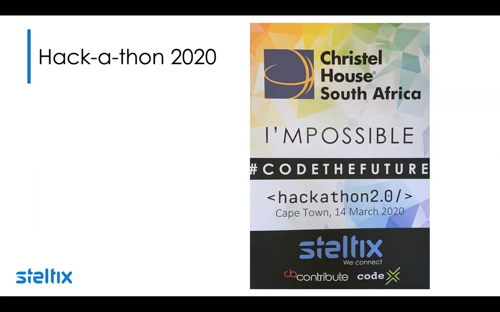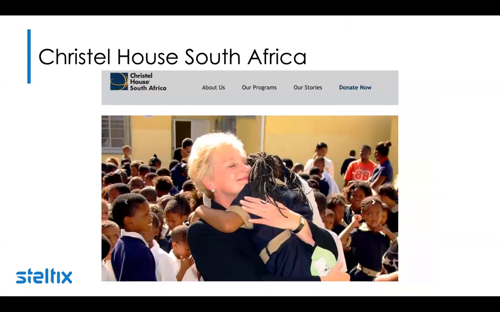I think this is a good place to share about the vision. Crystal House was started by a lady called Crystal Dahan, who had a vision to expand education into countries where there's need. It's a very amazing school that we've had the privilege to be involved with over the last 3 years.